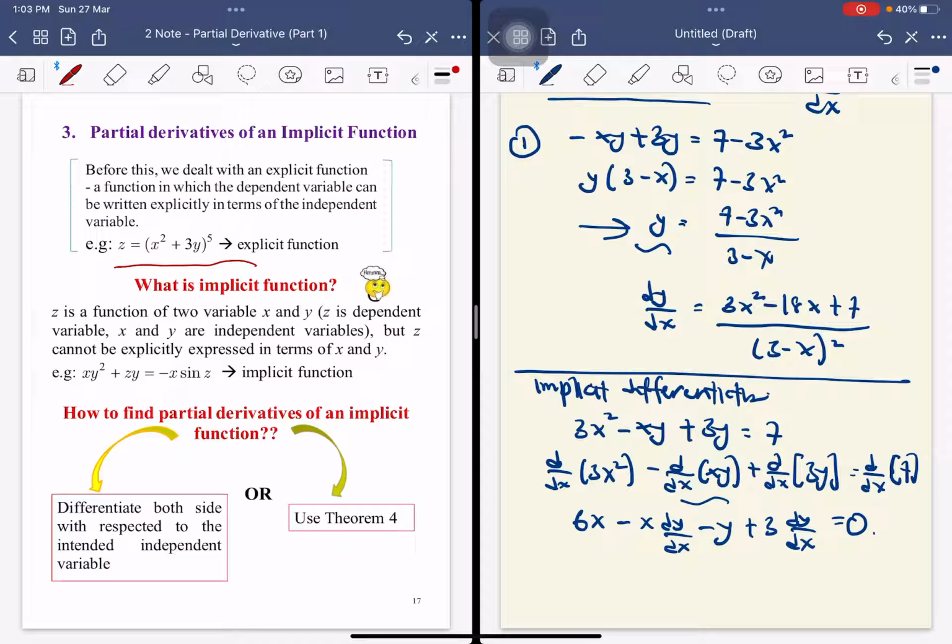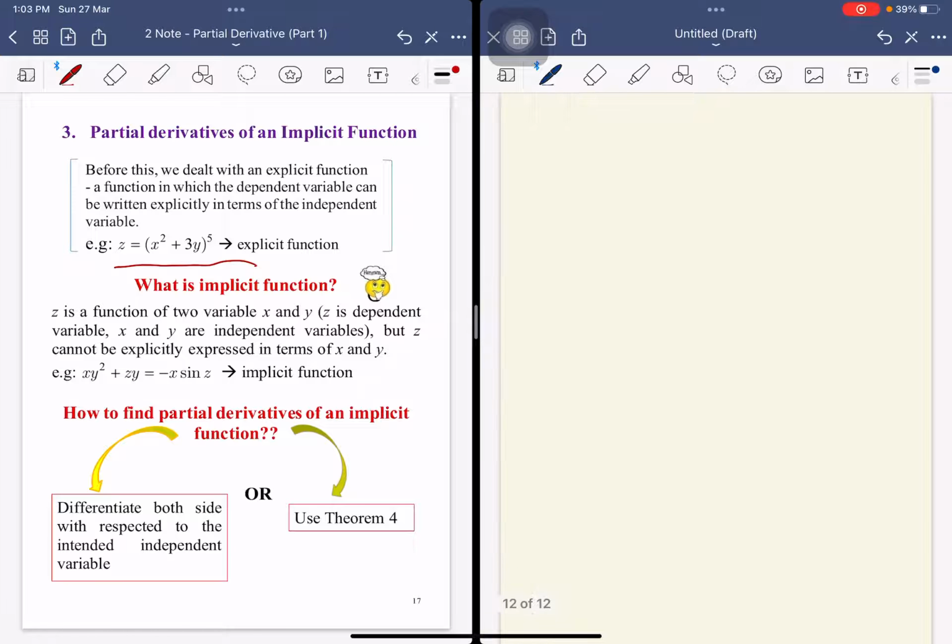Using implicit differentiation, we collect the terms that have dy dx into one component, so we have 3 minus x times dy dx equal to y minus 6x. So dy dx is equal to y minus 6x over 3 minus x.